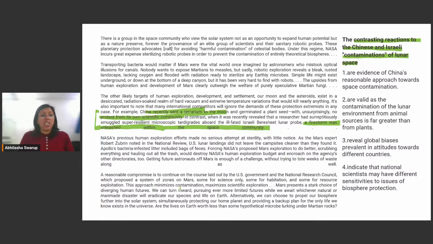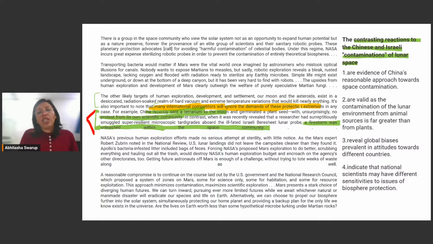So the question is set on this, and the question says that okay, so if there is a contrast, why has the author mentioned this contrast? What was the reason that he wanted to tell you? So the reason why he wanted to tell you was also mentioned here, that many international competitors will ignore the demands while you are bending over backwards trying to keep space clean.